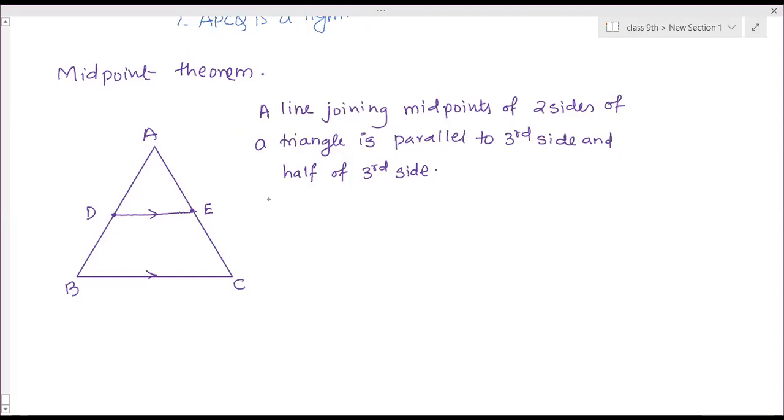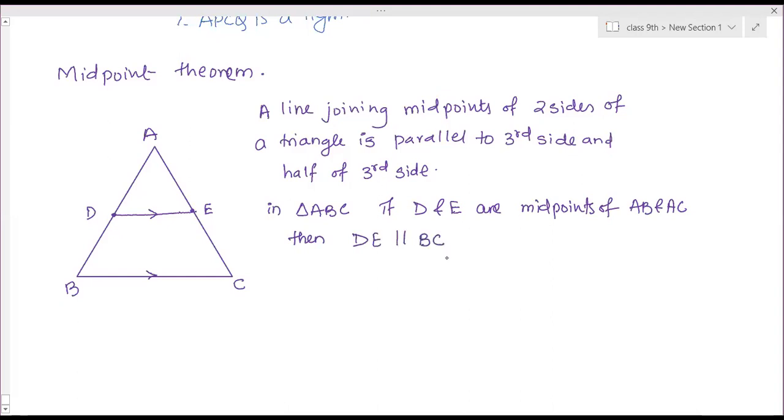That means in triangle ABC, if D and E are midpoints of AB and AC, then the line joining D and E, DE, will be parallel to BC and the length of DE will be half of BC.